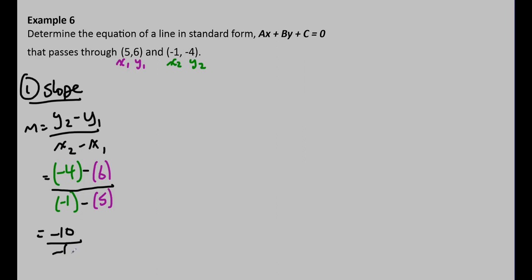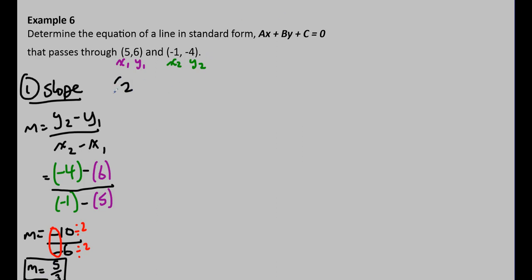Negative 1 minus 5 is minus 6 because I'm also getting colder. And I can reduce my slope by dividing both of these by 2. And my two negatives will simplify to a positive. So it will be 5 over 3. And you do want to reduce your slope. It does not make it harder for you.